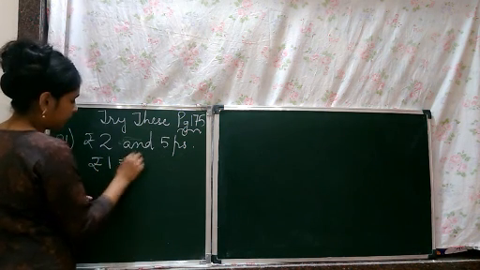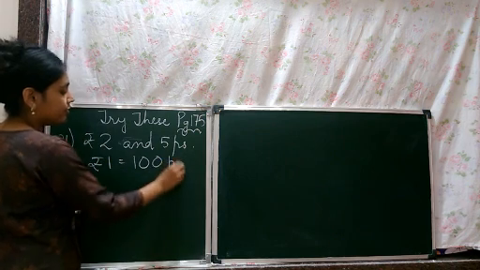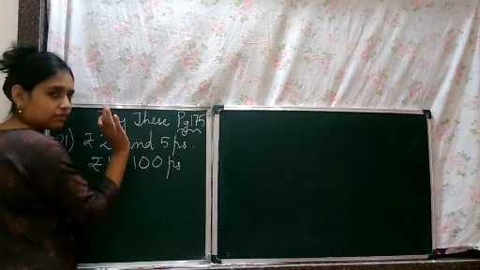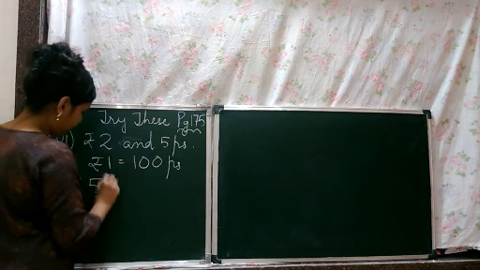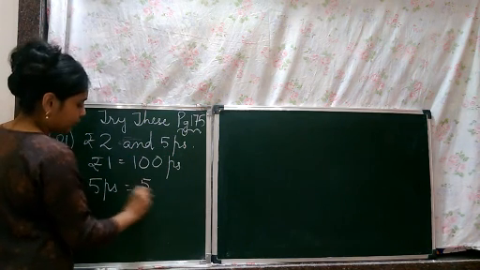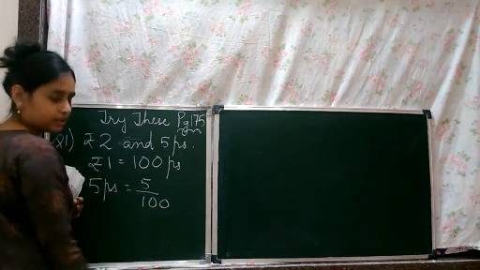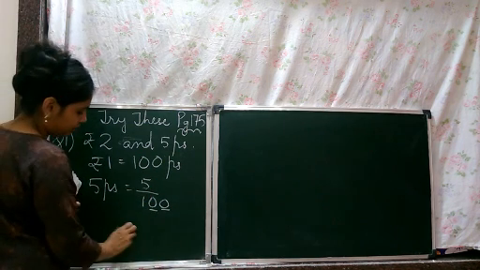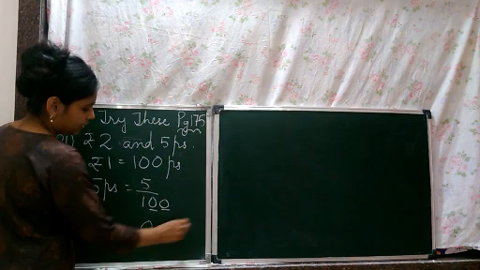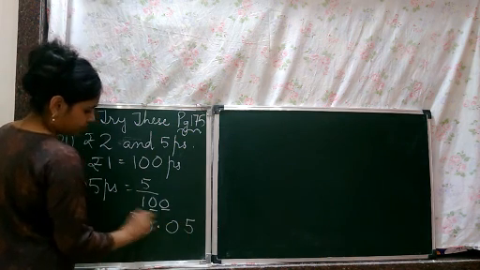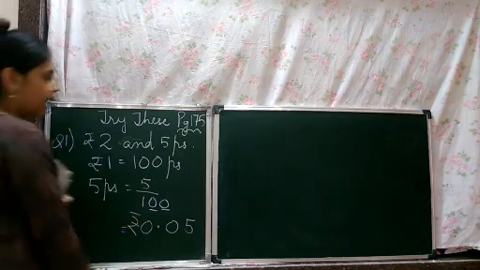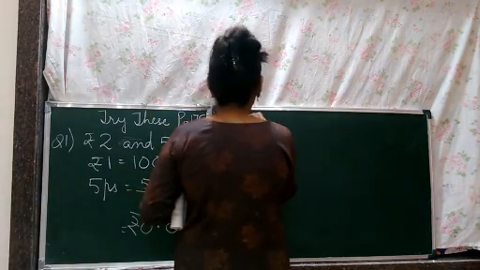So rupee 1 is equal to 100 paise. We are not going to touch rupees 2 because it is already in rupees. We will only convert 5 paise. So 5 paise is equal to 5 by 100. Now 2 zeros, so 2 decimal places. So 0.05. This is rupees. Now we have two numbers as rupees, that is 2 rupees and 0.05 rupees.